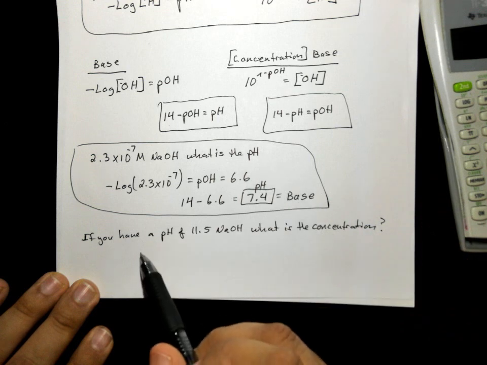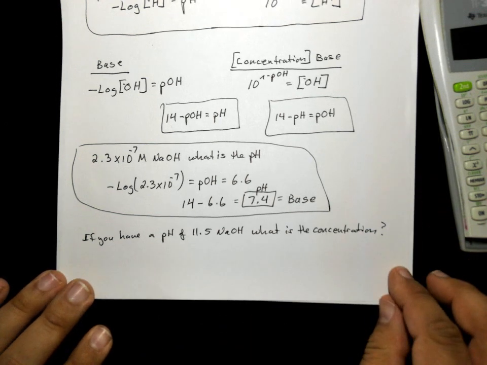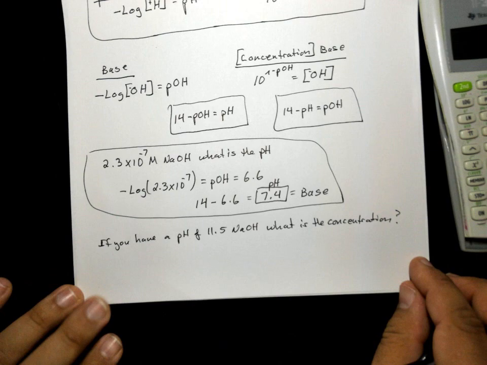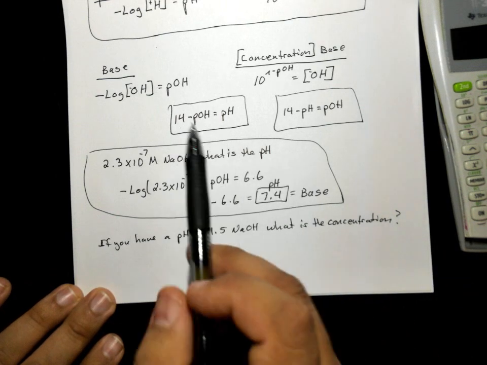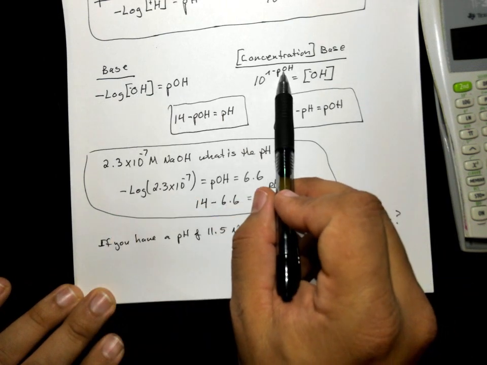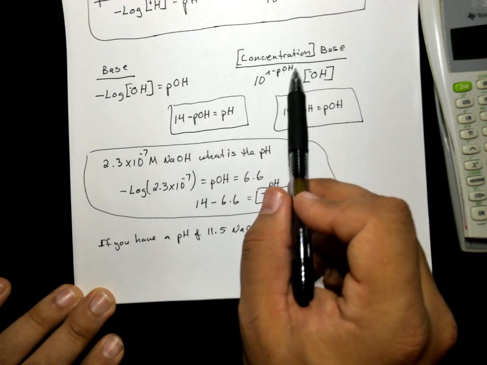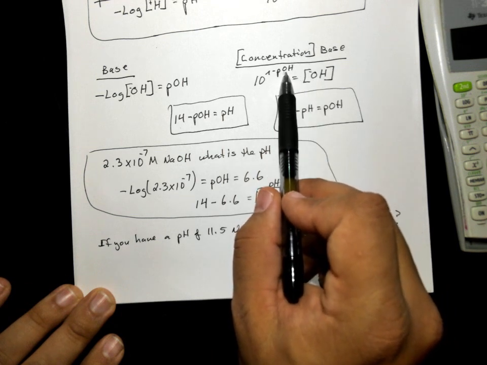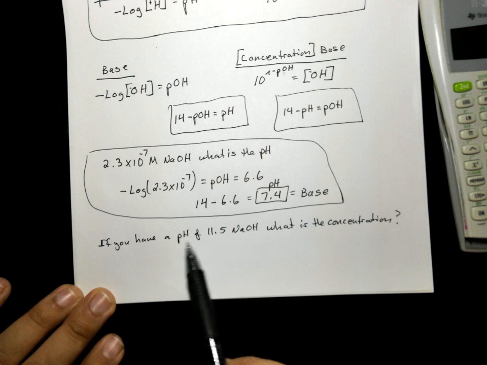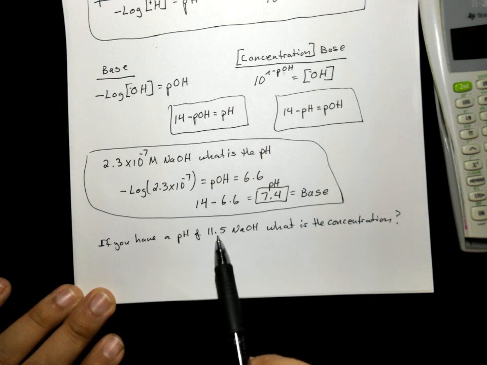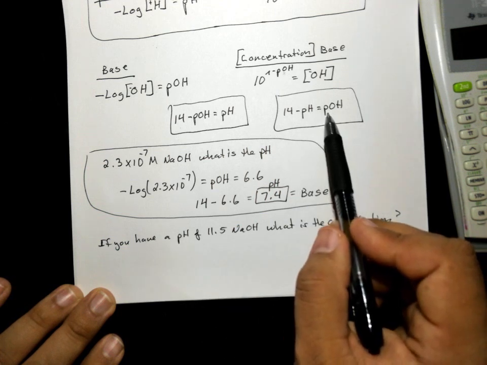With bases, it's not so easy. I got multiple steps here. So let's do our first step. Remember, the only way to get the concentration of the base, what do I need? You need a pOH. Well, I have pH here. I need a pOH. So how do I get pOH? Look at this.